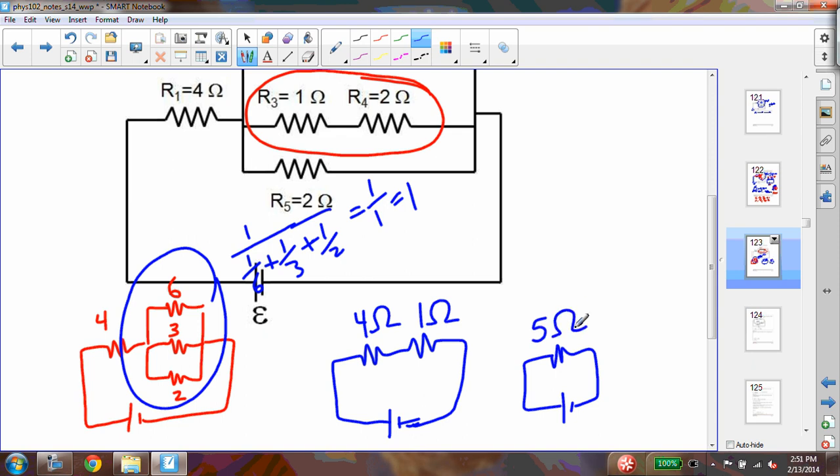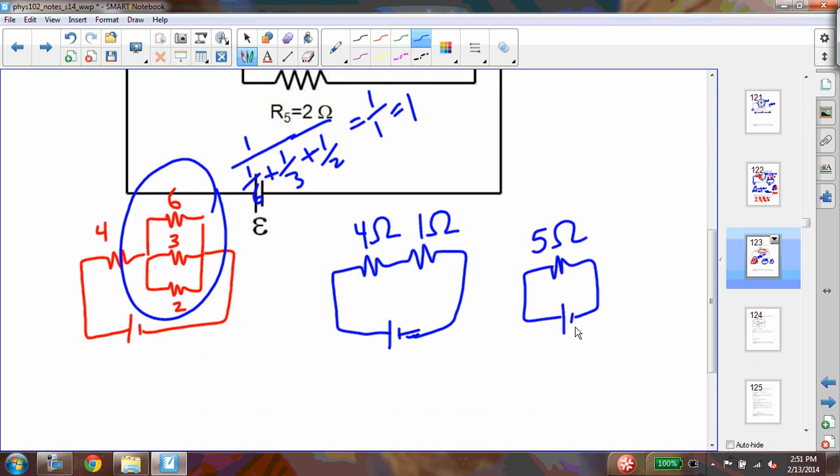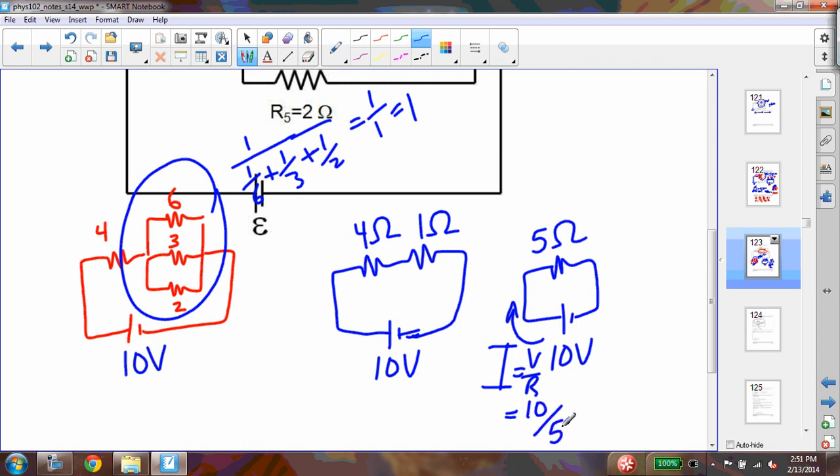All right, now let's ask ourselves some questions. Let's say that I had a 10-volt battery here. I can figure out the total current. I equals V over R. That's 10 over 5, which equals 2 amps.